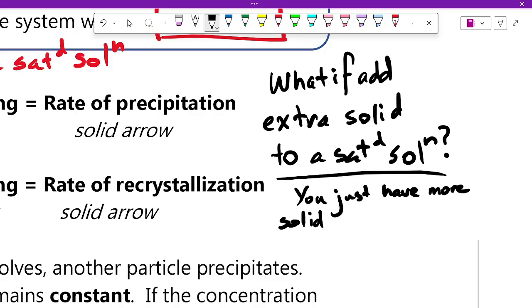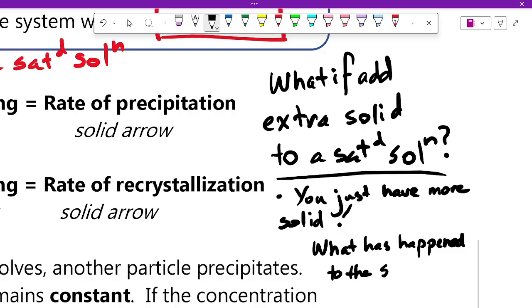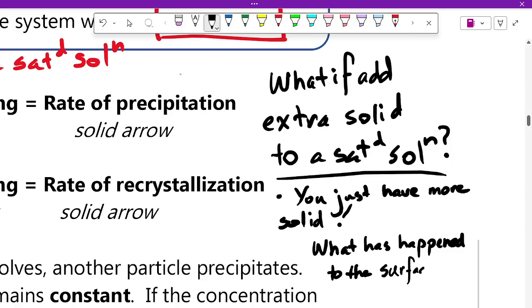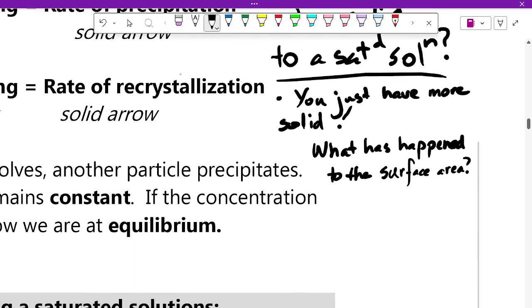No. What has happened to the surface area? So let's say we started with a saturated solution and we have a little pile of solid at the bottom. And then we add more solid.